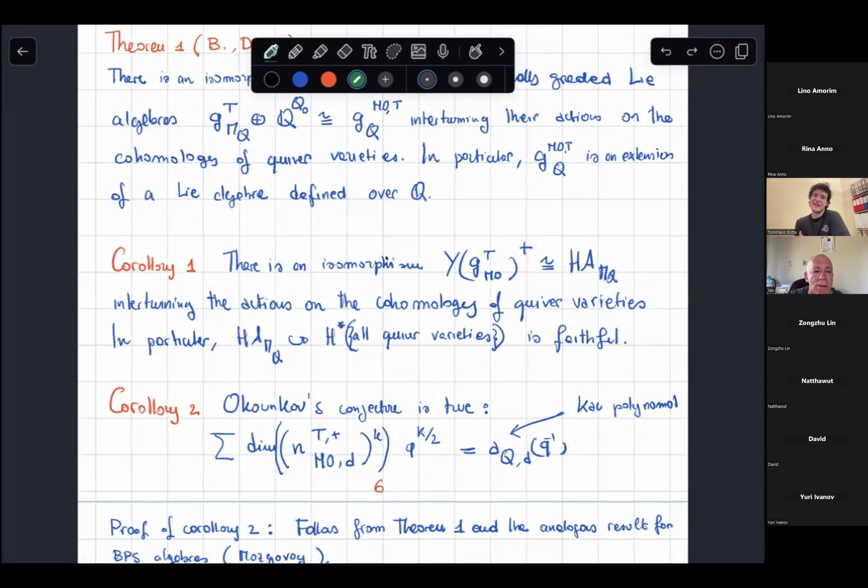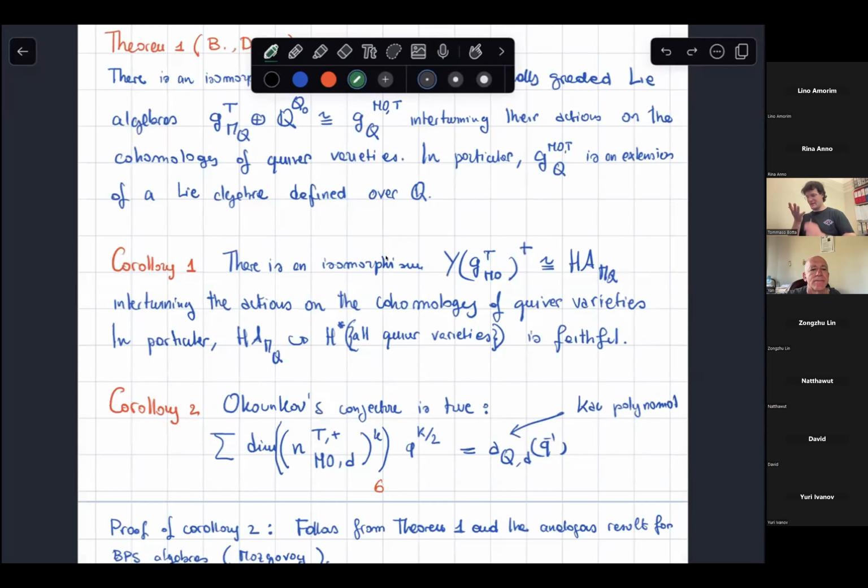But the way we get this result is that we inherit it from the analogous result at the level of cohomological Hall algebras. If you look at it purely from Maulik-Okounkov theory, there's no direct proof.